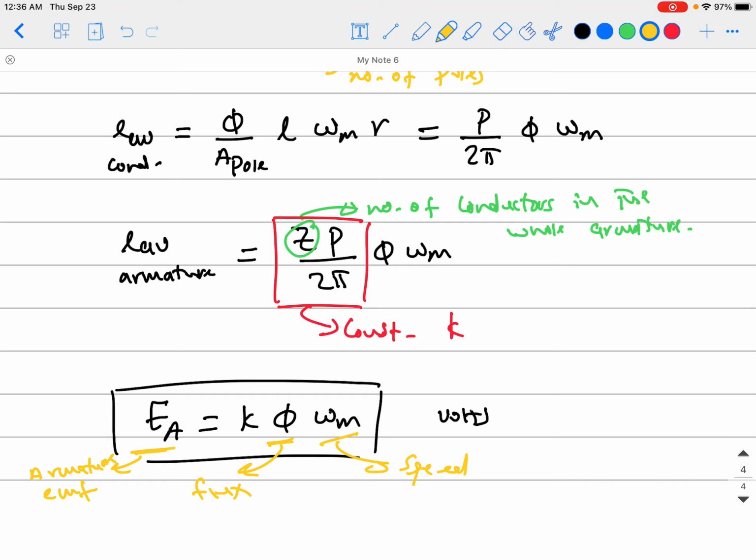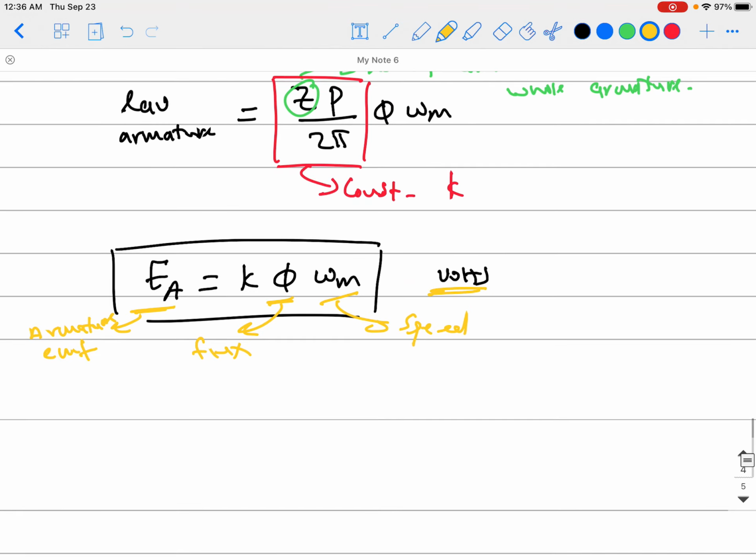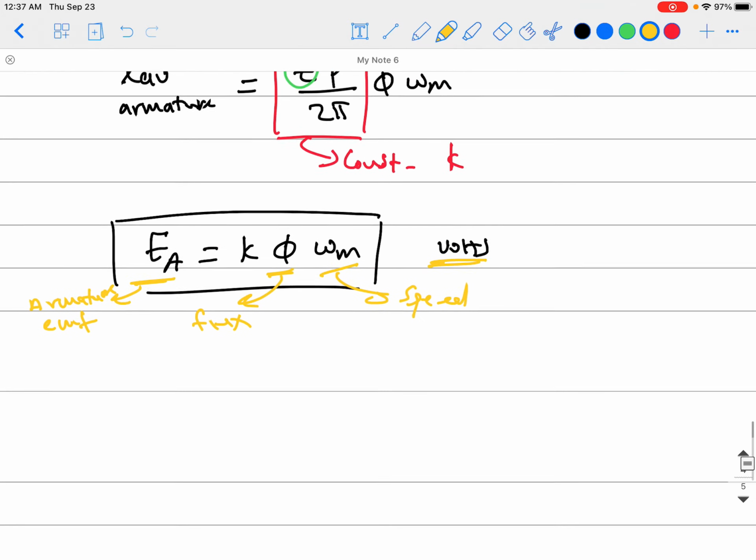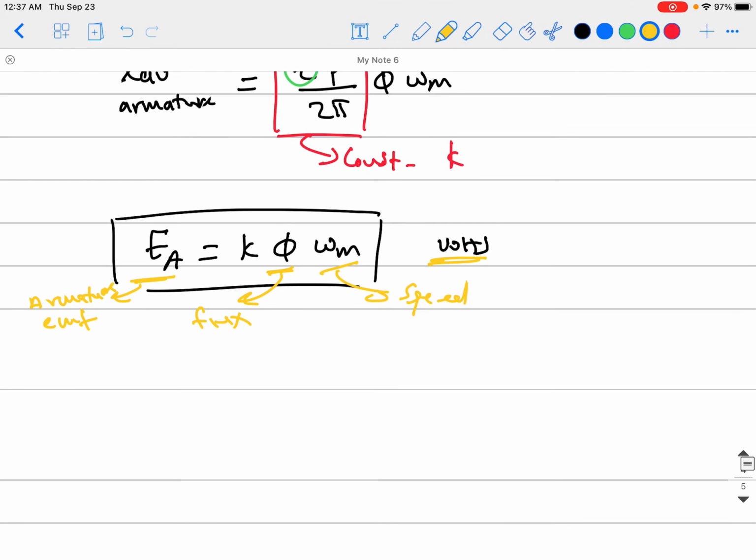That's what I'm saying. So the voltage in volts is the constant K multiplied by phi multiplied by omega. Okay, guys? So this is what you do in quantifying the EMF in the armature, and now you can use this to calculate the amount of voltage generated by a DC generator.